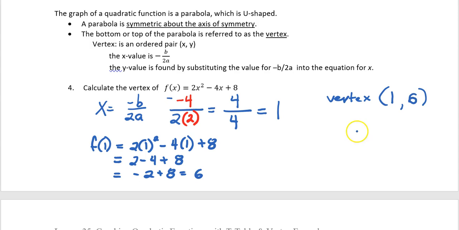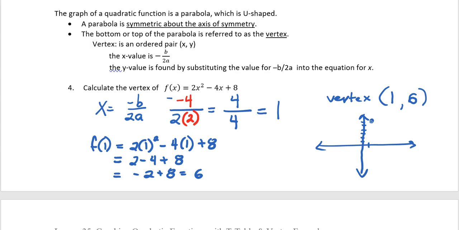I'll do a quick sketch then as if I were graphing this, and like I said, it's just going to be a quick sketch. I know my vertex needs to be at the ordered pair 1, 6. My vertex would be in the first quadrant right about there. Now, the other piece that we know from what we've already done on this page is the direction our parabola would open.